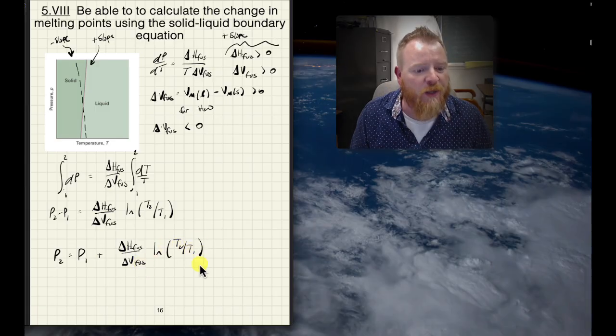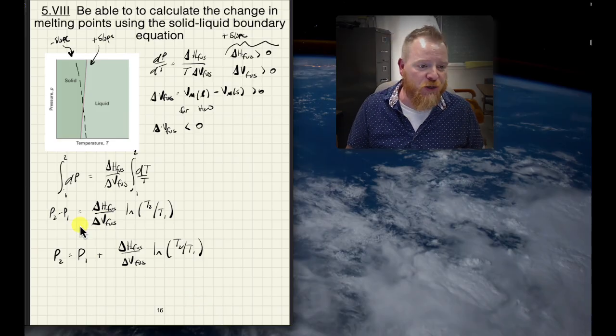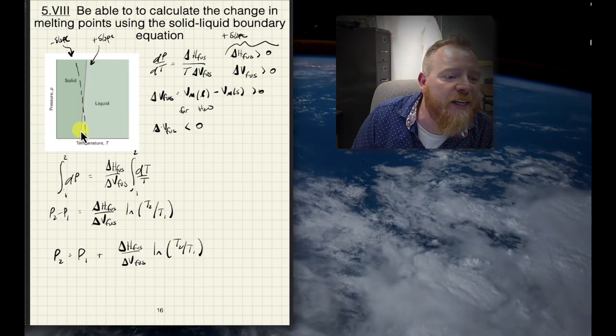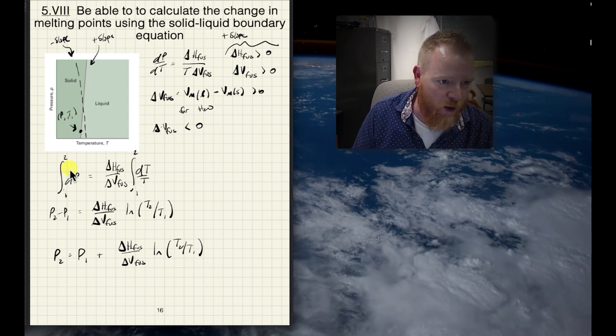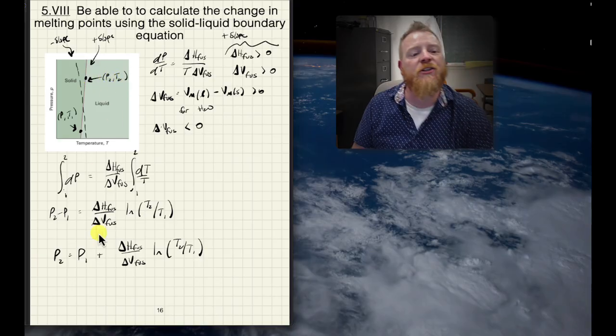So what do I want to note about this 1 and 2? What this is really getting at is if I look at some point right here, I could describe that data point as P1, T1. And some other data point up the line there I could describe as P2, T2.